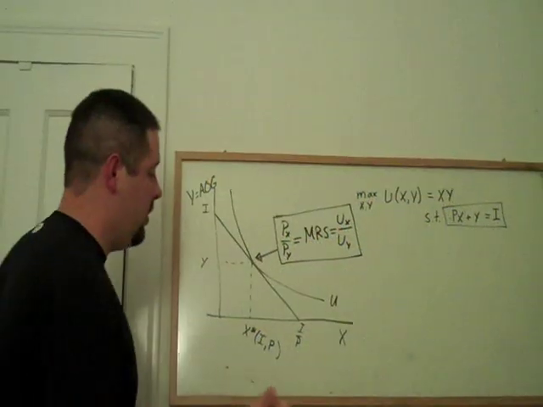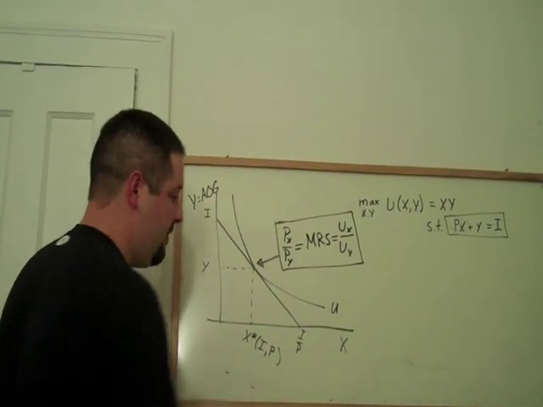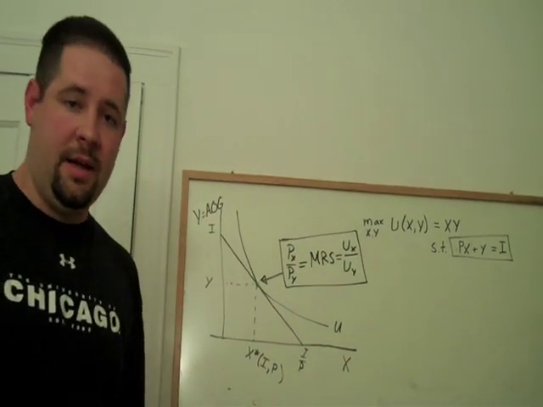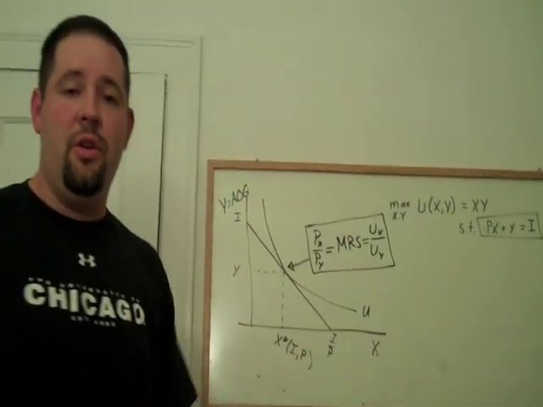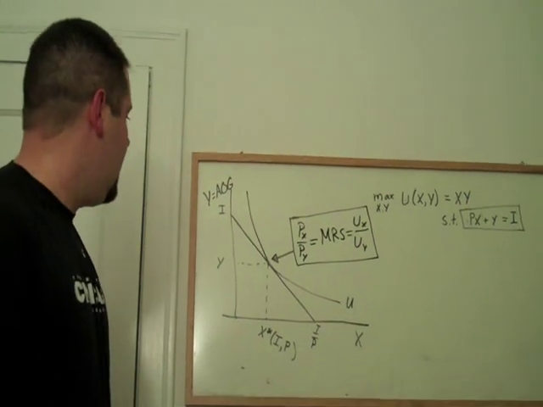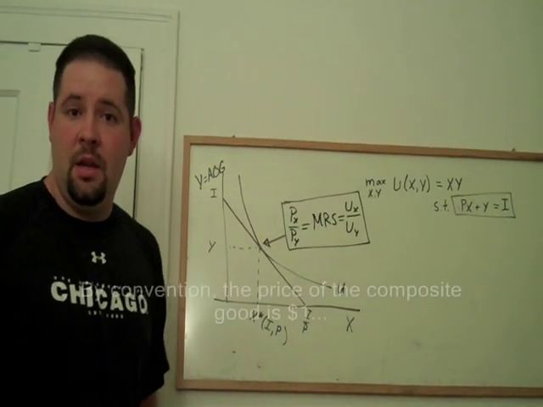First of all, I noted that the good that we are interested in, at least the way I've drawn this graph, is good x. I indicated that by indicating that good y is the composite good, or all other goods. And notice that good y has a price of 1.